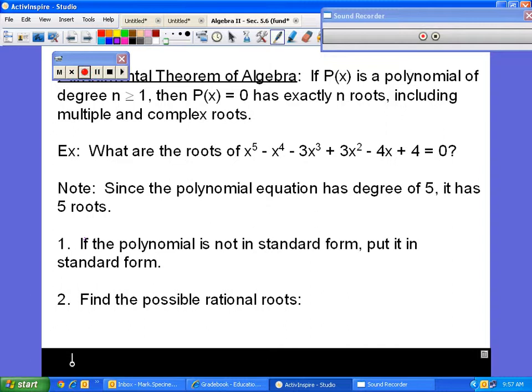What do we notice about the leading coefficient here? It's 1. Gerard, what is the fact that the leading coefficient is 1 tell us about the possible rational roots? They're going to be the same as what? We talked about it when we went over the bell work.